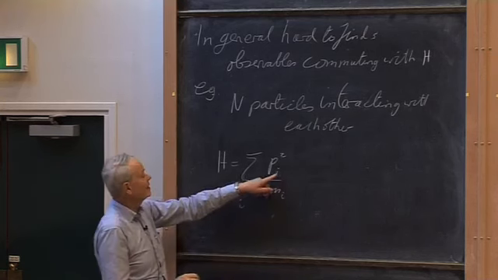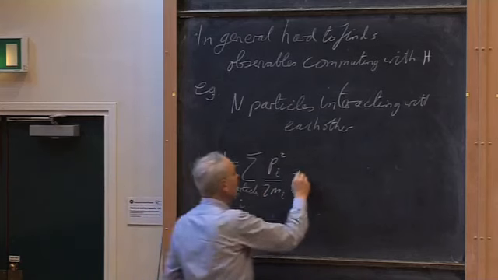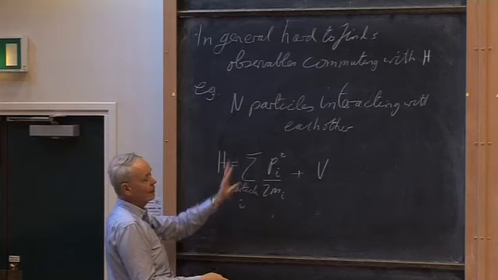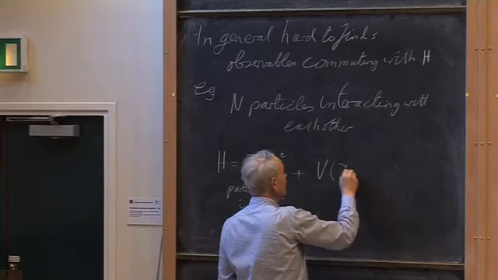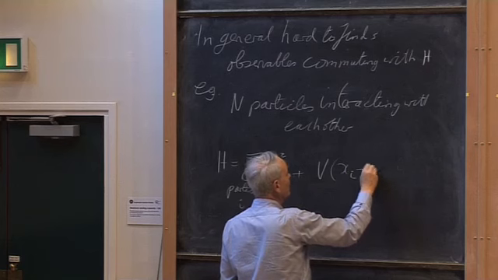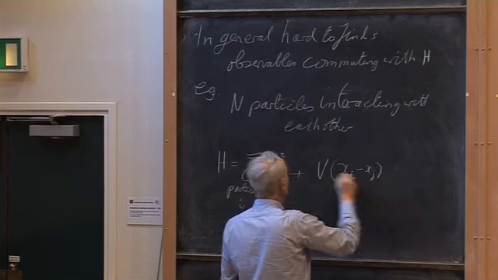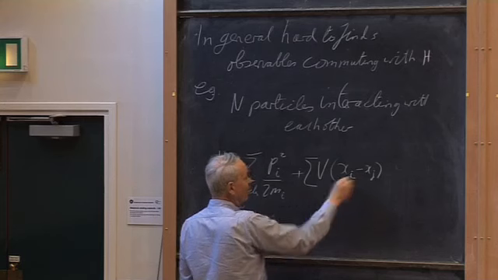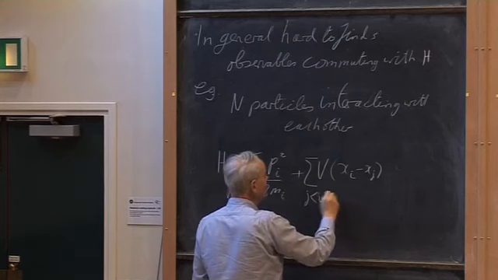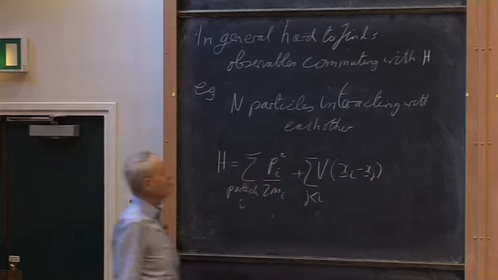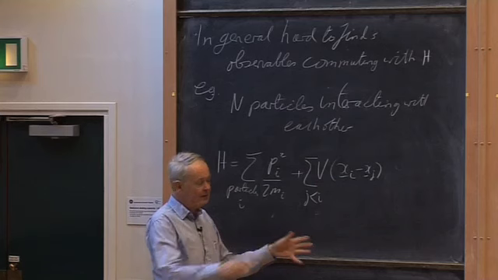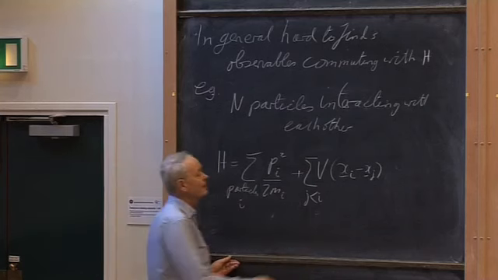So this index here enumerates the particles, so that's the kinetic energy of each particle summed over particles, which makes the Hamiltonian of the whole system. And to that we have to add the potential energy of interaction between the particles, which will be the sum over pairs of particles, which we can get by saying that j is less than i. These are the vector positions of the particles. So there's some interaction potential between these particles. They interact in pairs in this picture.